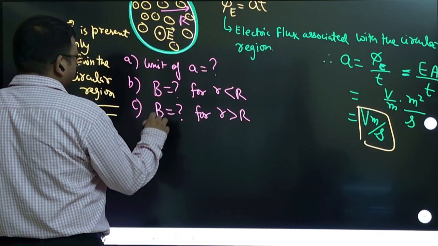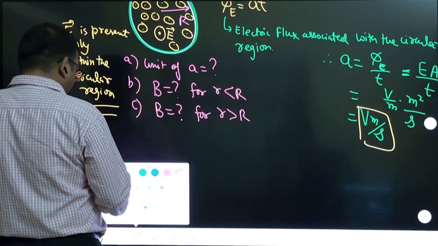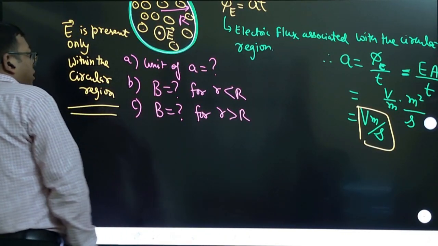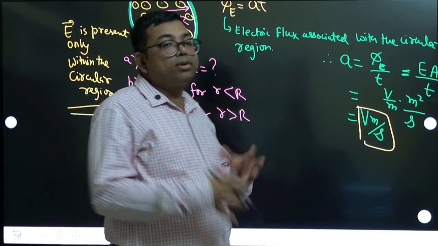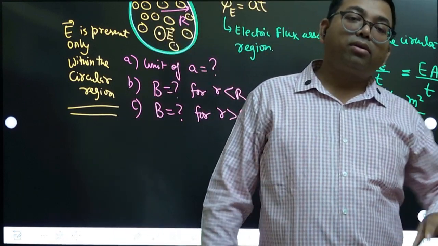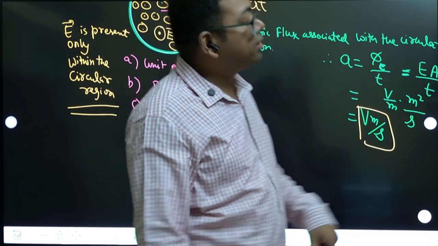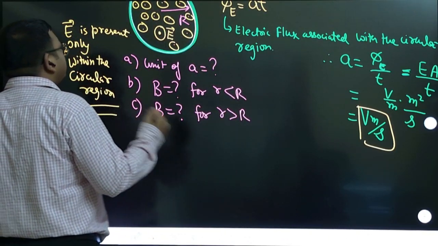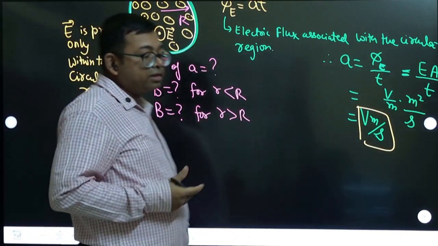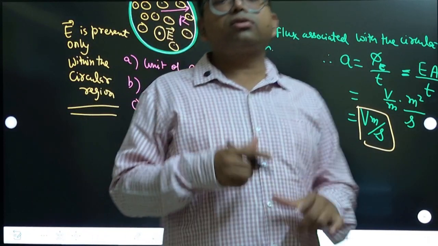The next question says you have to calculate the magnetic field. This magnetic field will depend on displacement current, and the calculation of displacement current will depend on the rate of change of flux. So first of all, we need to find the electric field, because you want to differentiate flux.